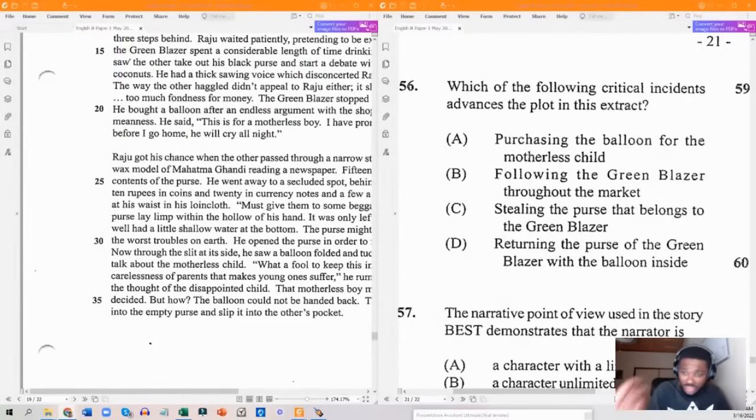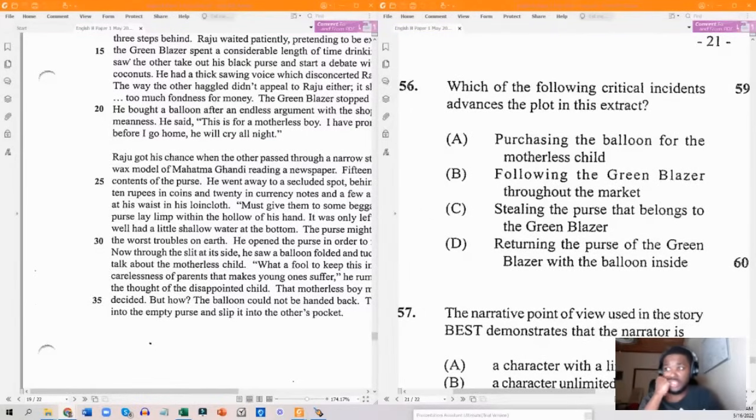Which action here triggers important actions? 56. Wow, I'm seeing B and C.